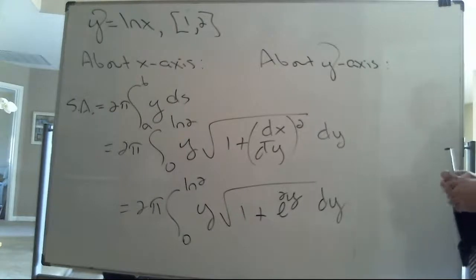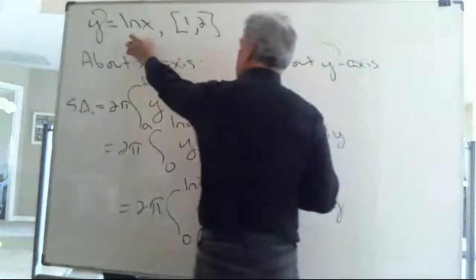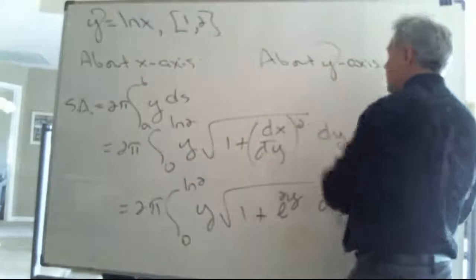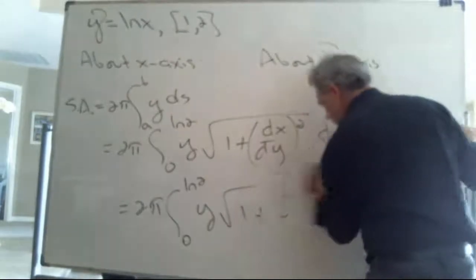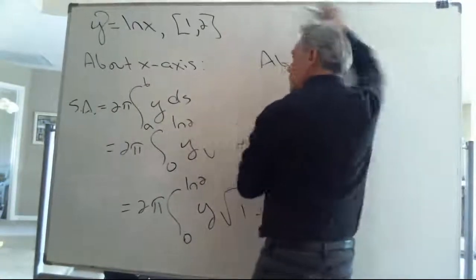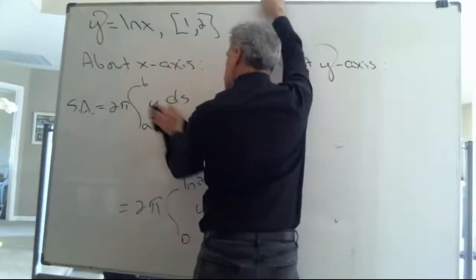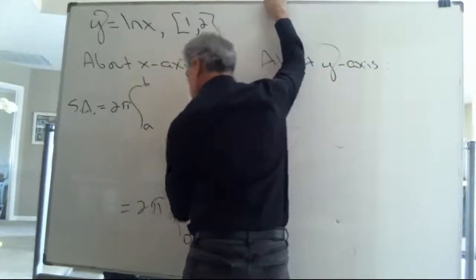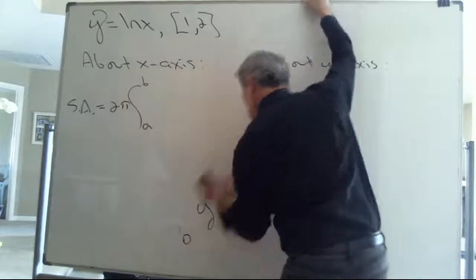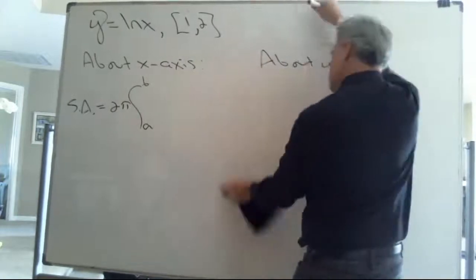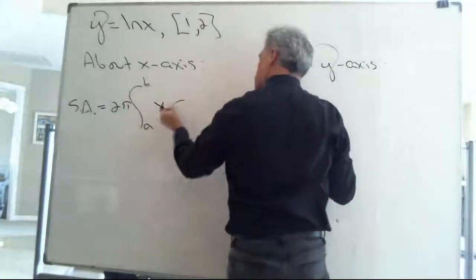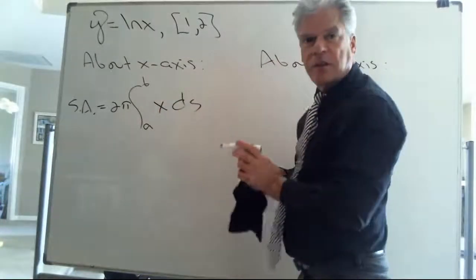Now, if I want to take this piece of that curve and rotate it about the y-axis to generate a surface of revolution, then I think the radius becomes x. And I have my choice of what version of ds I choose.